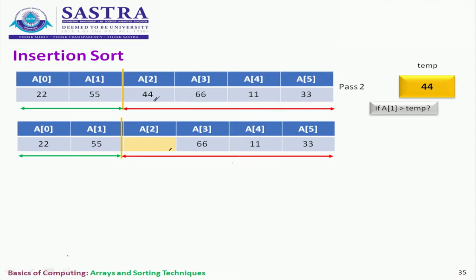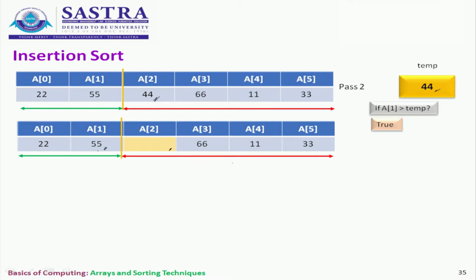Then as usual, we have to compare a of 1 with our temp. Why is it a of 1? Because in the left hand side sublist, that was your first element, and we are comparing a of 1 with the temp, and if a of 1 is greater than temp, then we have to move that a of 1 one step right. So your condition is a of 1 is 55 and your temporary variable is 44.